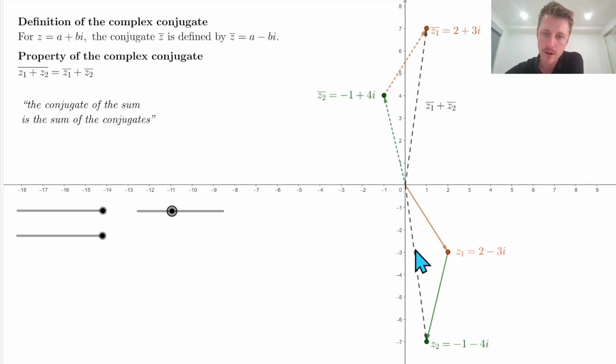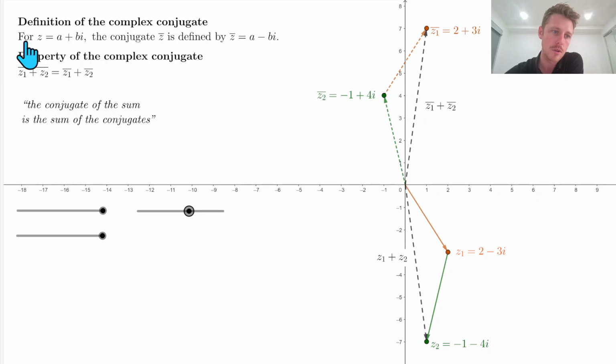Now, I think before I didn't say it's the conjugate of z1 plus the conjugate of z2. Okay, if we add the conjugate of z1 plus the conjugate of z2, we get this vector here. But if we just add regular z1 and regular z2, we get this z1 plus z2.